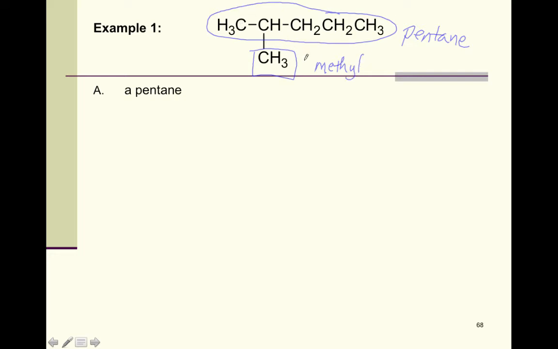What we have to do is determine the numbering system. Is this coming off of carbon number 2 if we read from left to right, or is it coming off carbon number 4 going the opposite direction? It's either 2 or 4. Do you guys see that? The rule is you have to go in the direction that gives the lowest number. That means I have to read it from left to right.